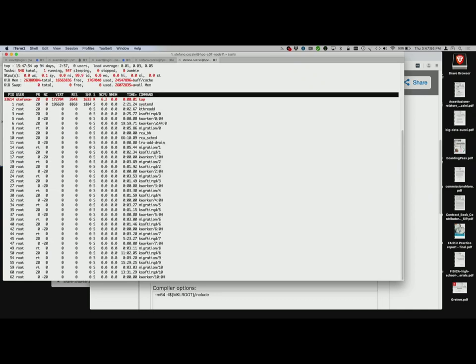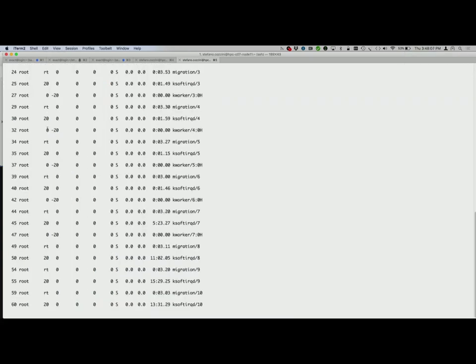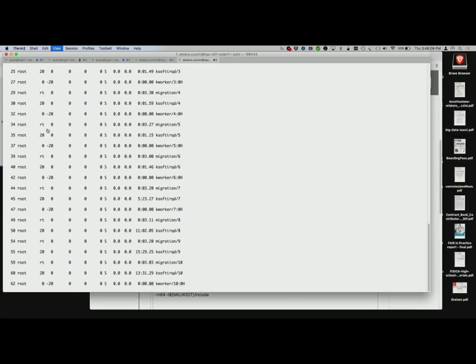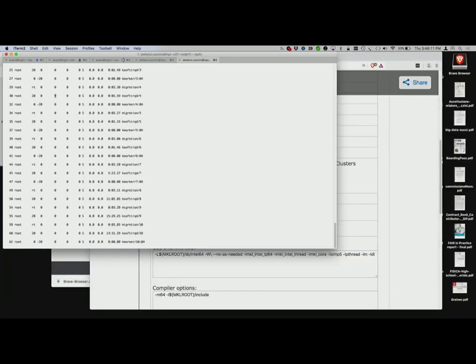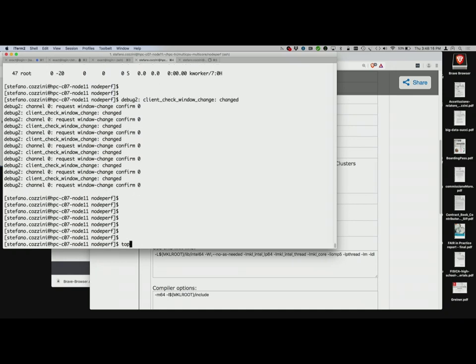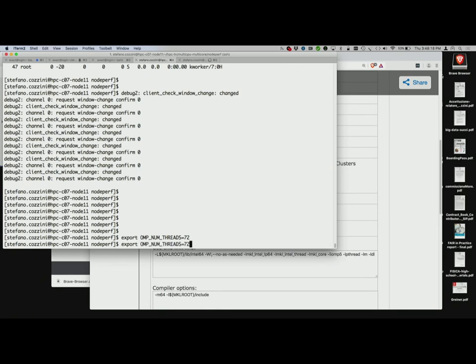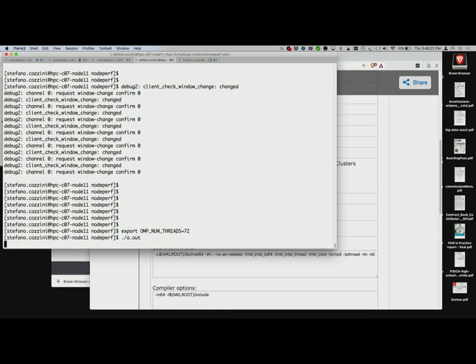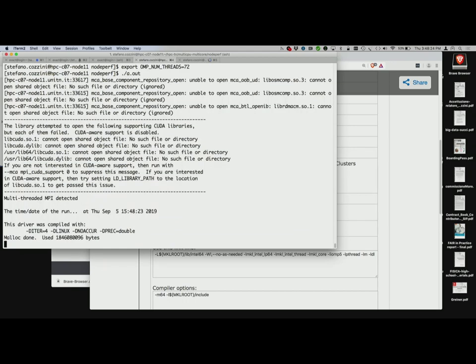Okay, it looks like there is nothing on the machine, so it is 100% idle. I don't want to increase the font. In any case, there is nobody there. So I exported OMP_NUM_THREADS, and now I can try to run this again and see what we get.